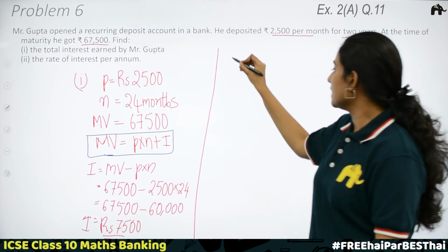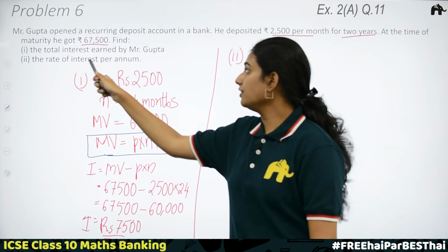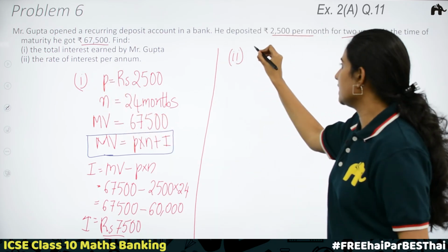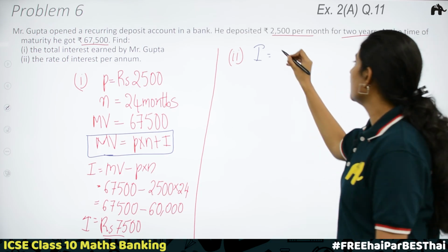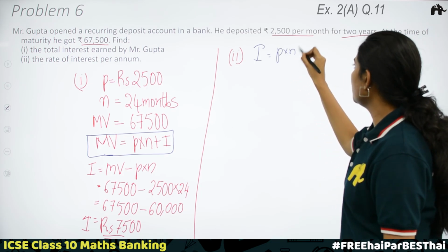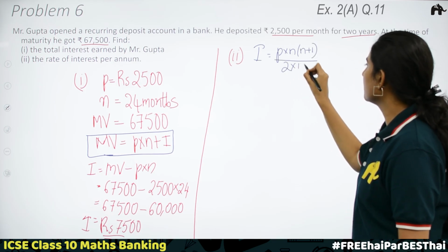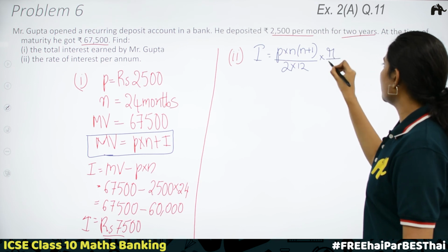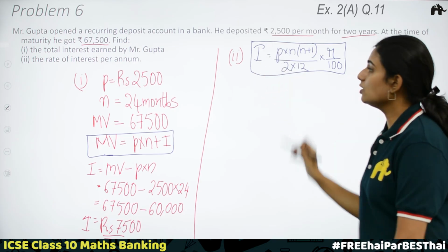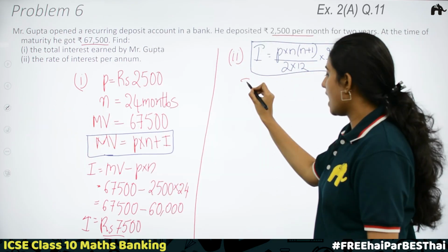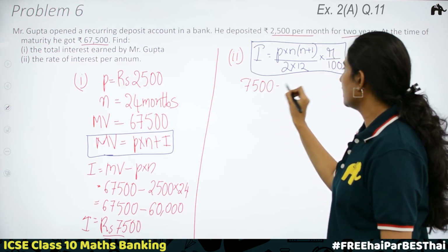Now the second question, find the rate of interest per annum. Formula, that is I is equal to P into n plus 1 divided by 2 into 12 into R divided by 100. Here we need to substitute the values. I is equal to 7,500.